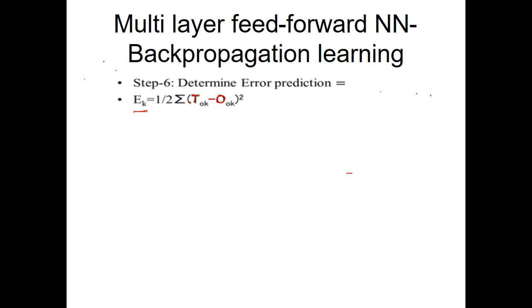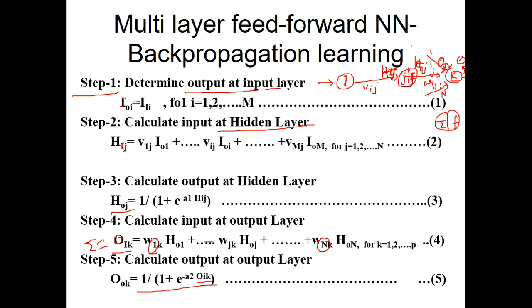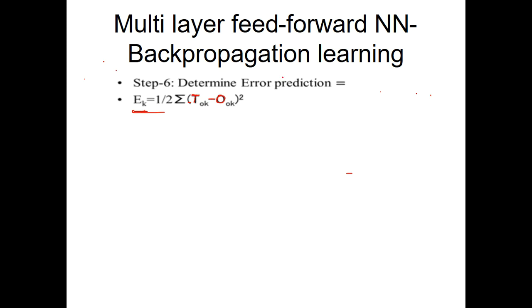Now we have to compute the error terms. At the output layer, just take the square sum of error. You have 1 to p number of output nodes, so you have to take the sum over all.